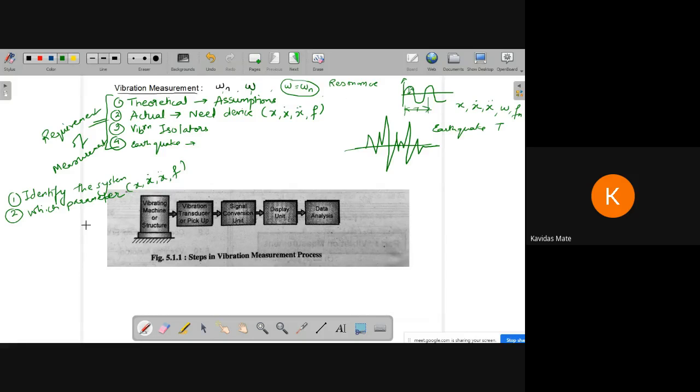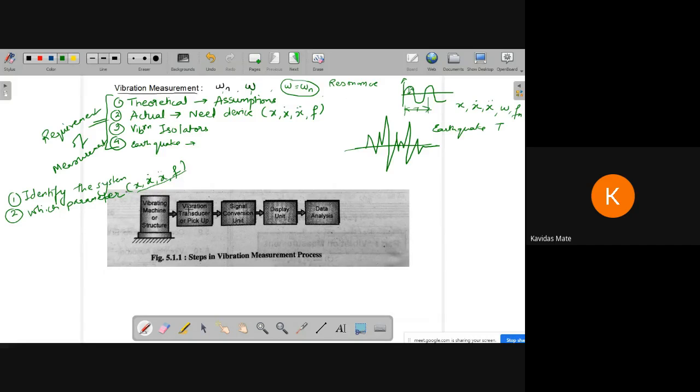Irrespective of the particular parameter, we will see this in a generalized way. So this is a vibrating machine which is going to vibrate. Next, a vibration transducer or a pickup. A vibration transducer is a device which can measure the particular parameter, whether displacement, velocity, acceleration, or frequency.